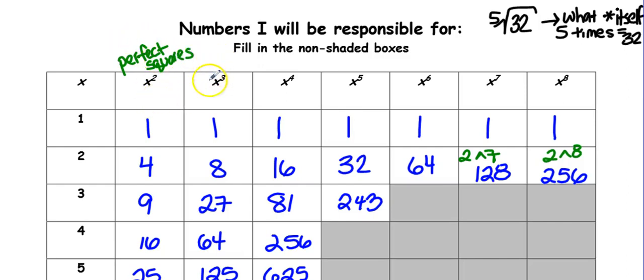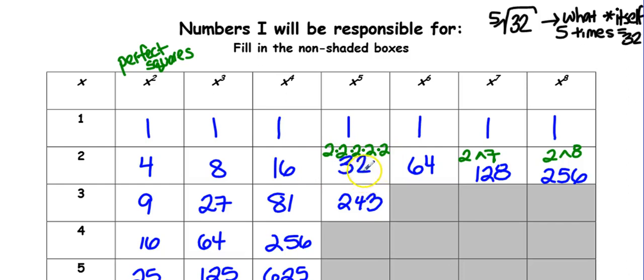We have perfect cubes, perfect fourths, perfect fifths, sixths, sevenths, and eighths. So here's my list of perfect fifths. And here's 32. So that means that there is a whole number that when you multiply by itself 5 times, meaning 2 times 2 times 2 times 2 times 2, 1, 2, 3, 4, 5 2's multiplied together gets me 32.